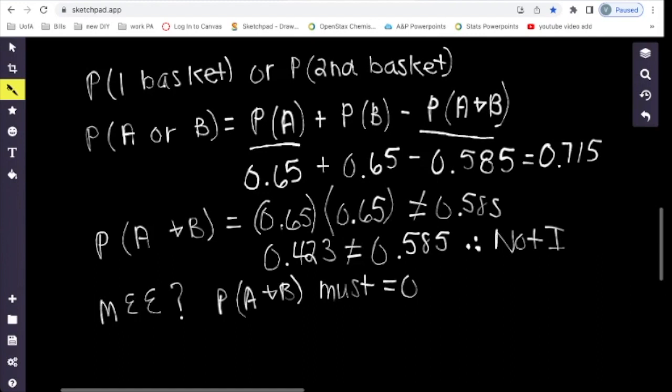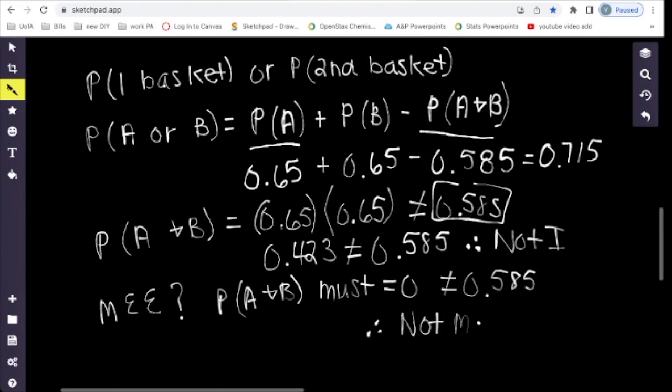Well, we found the probability of A and B happening right here, which is not equal to 0. And therefore, these are not mutually exclusive events.